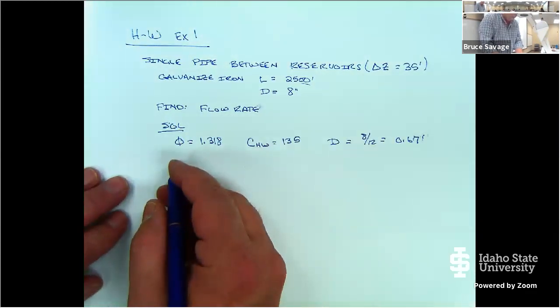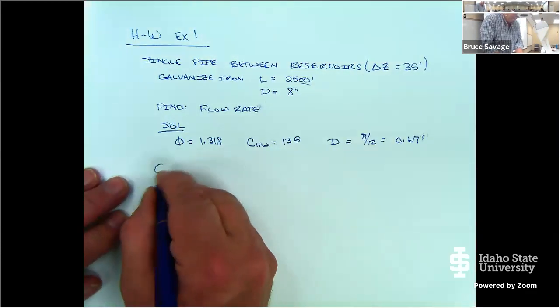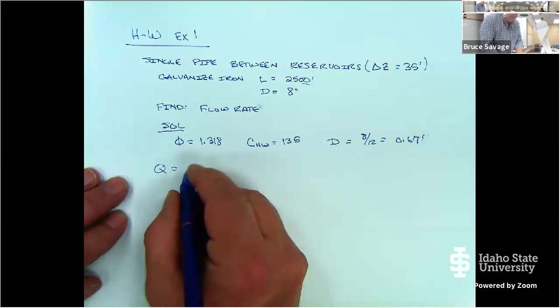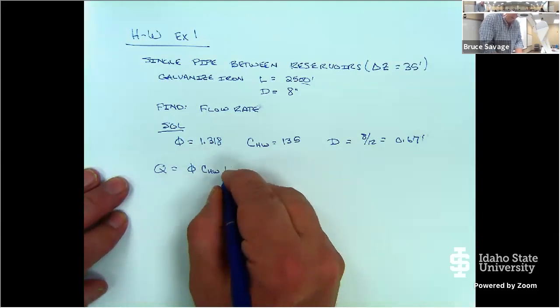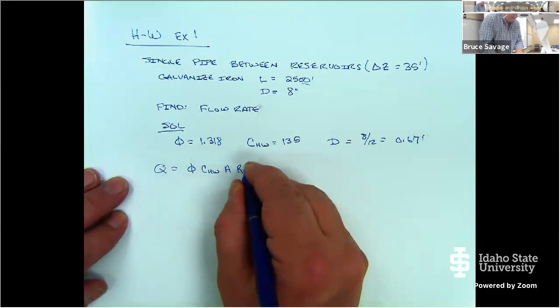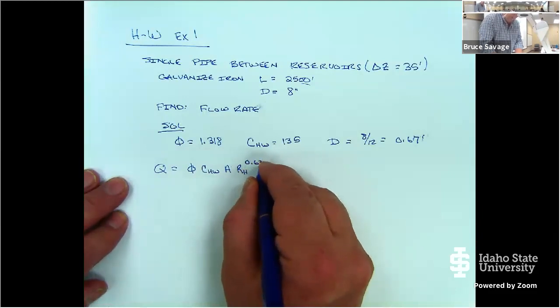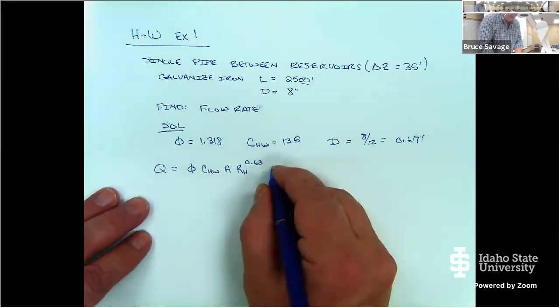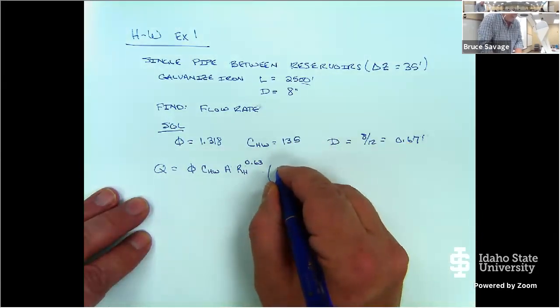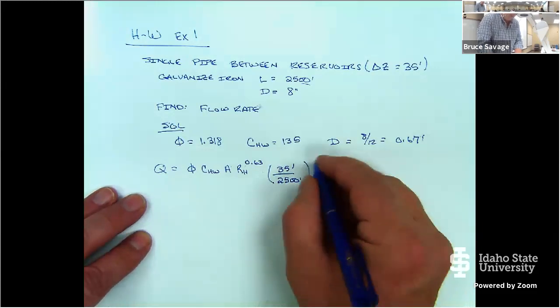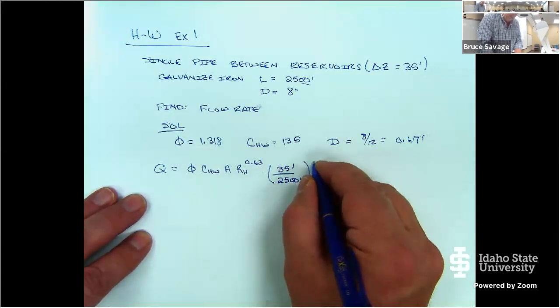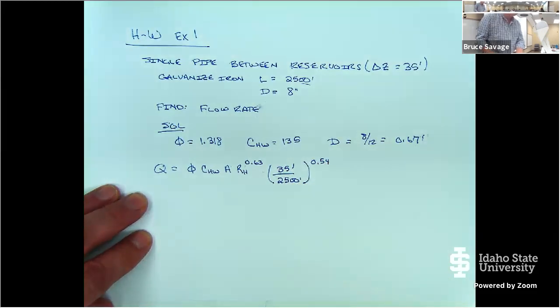So now we just put it into our equation, which tells us that Q is equal to phi times C sub HW times the area times the hydraulic radius to the 0.63 times the slope. Since I don't have the slope, I have the head loss over the length: 35 feet over a length of 2,500 feet, raised to the 0.54.